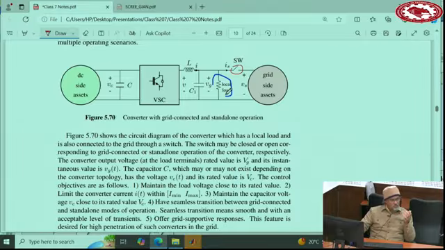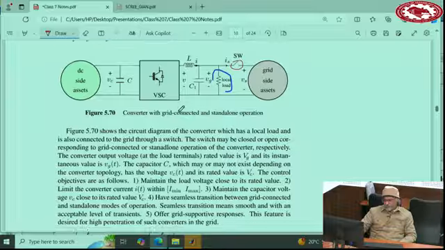The best it can do is to support the voltage. But in grid forming, the converter is responsible to form or provide a voltage when the grid is not there. And when the grid is there, it provides support, obviously, to the grid. So when the grid is connected, it's grid supportive. You will see it automatically provides support.